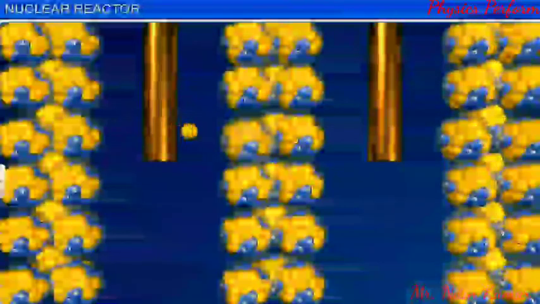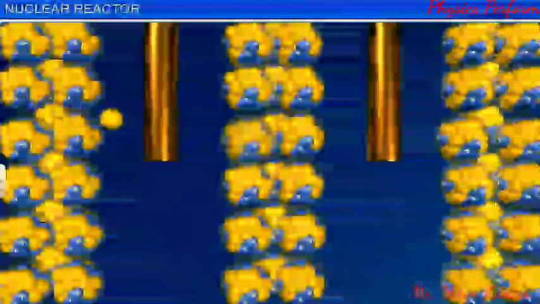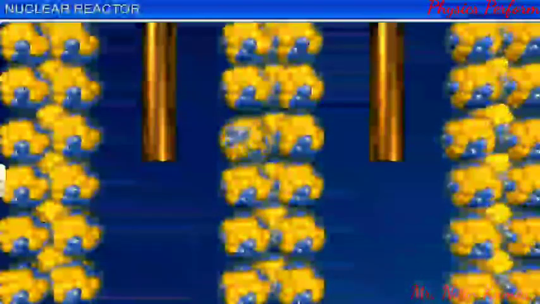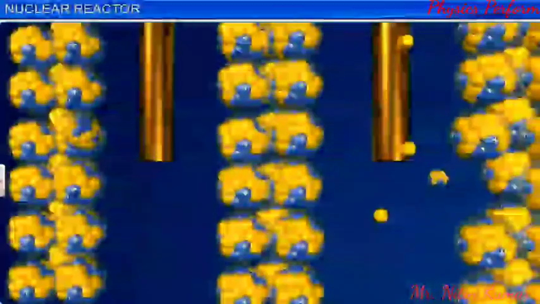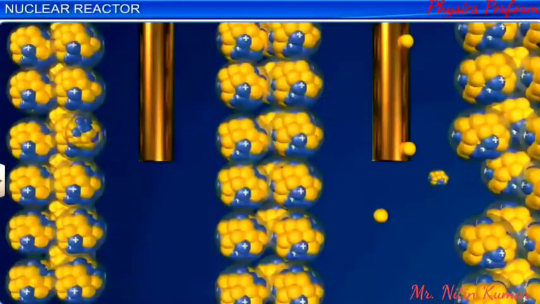It is observed that the probability of uranium-235 undergoing fission is high when it absorbs neutrons with energies of approximately 0.04 electron volt, which are typically called slow neutrons.